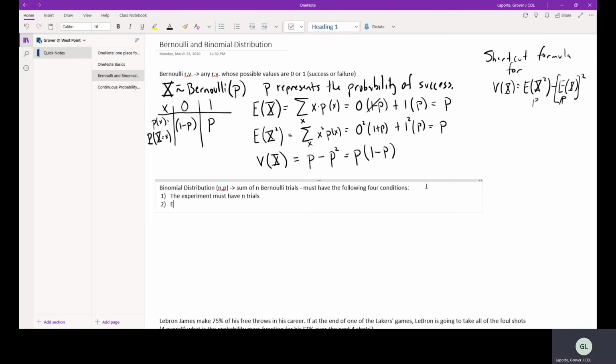Second one, each trial must be a success, 1, or failure. The third thing is the trials are independent.